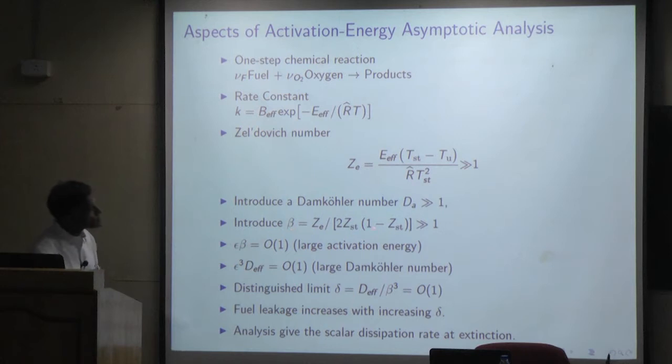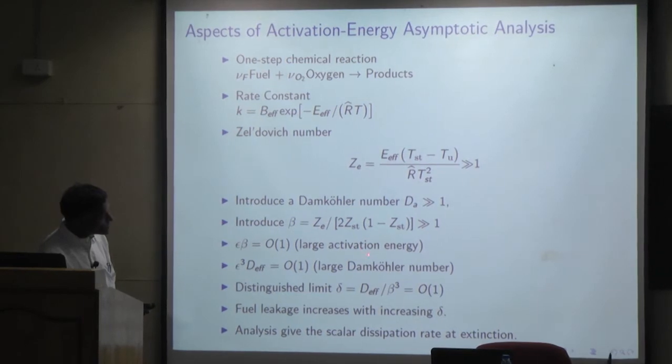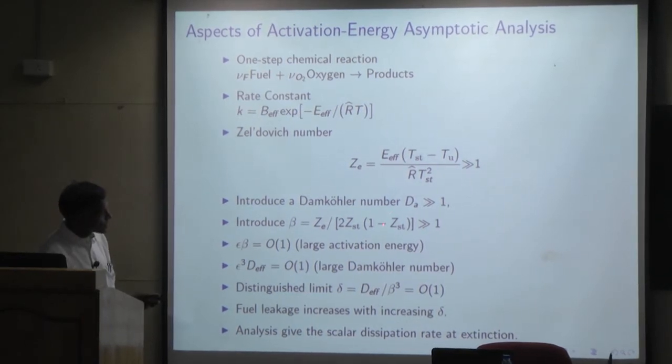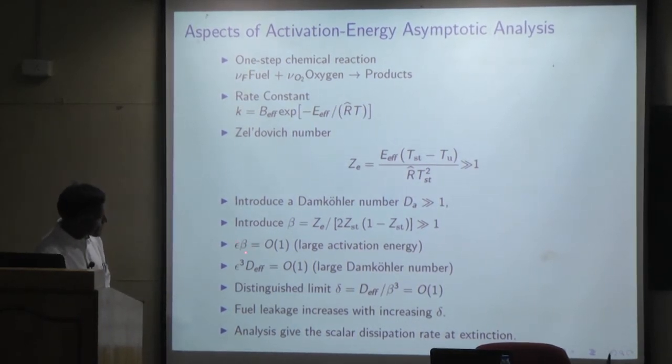The analysis I described yesterday was done for large Damkohler number as well as large activation temperature, but we looked at the distinguished limit. Although these quantities are large, the denominator is large, the numerator is large, but the ratio is of order 1.